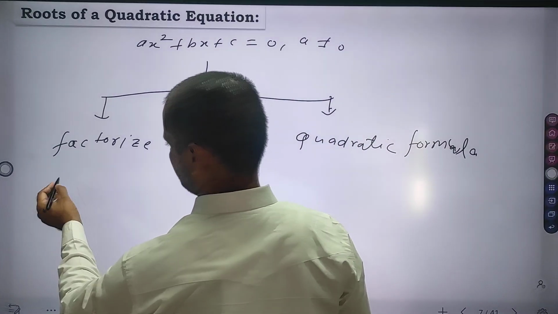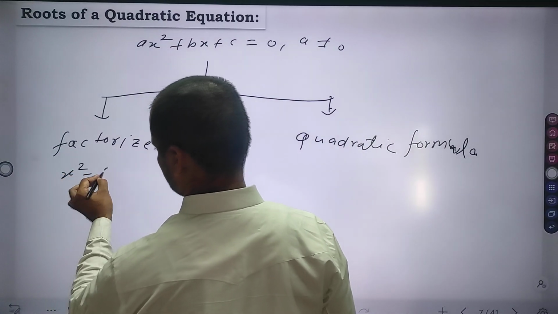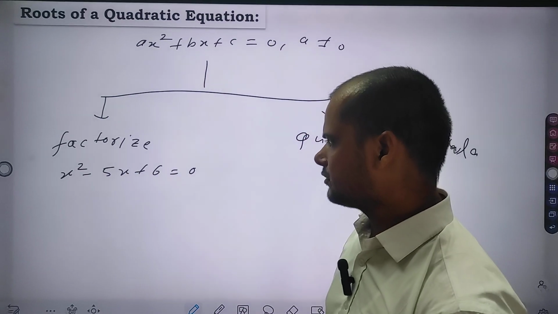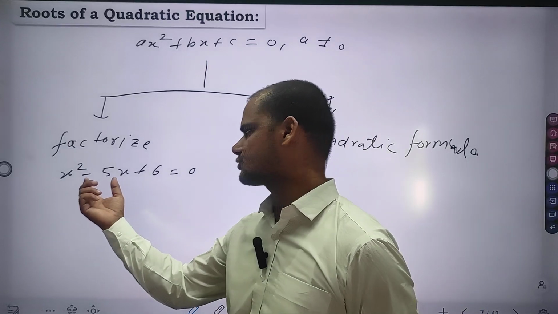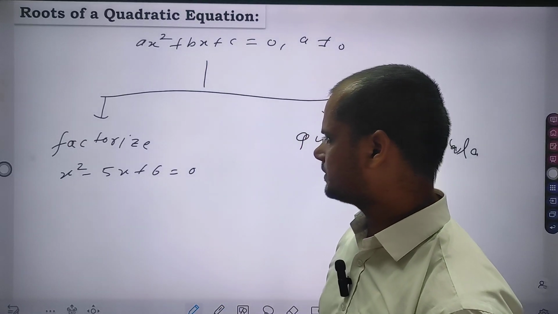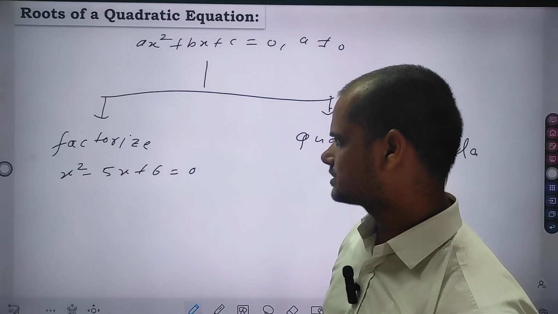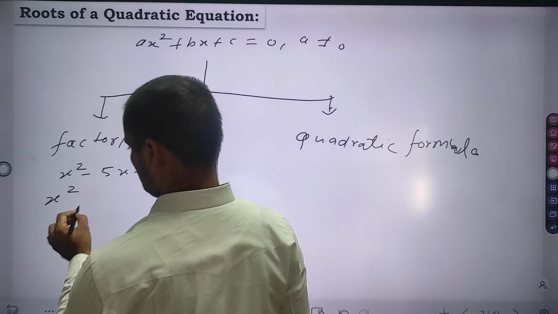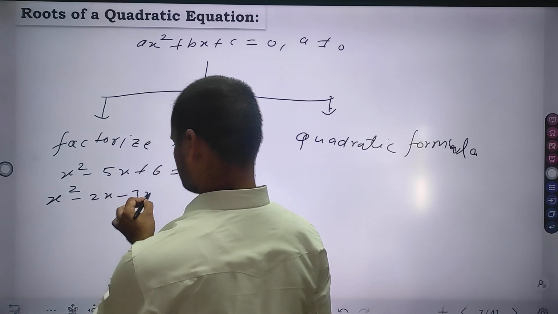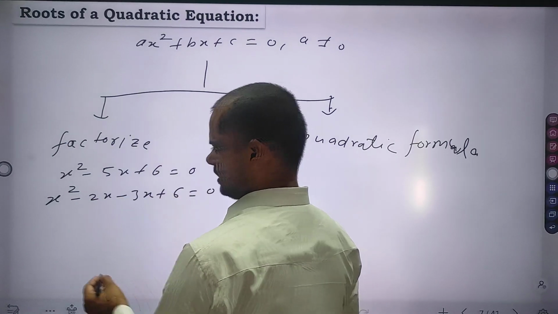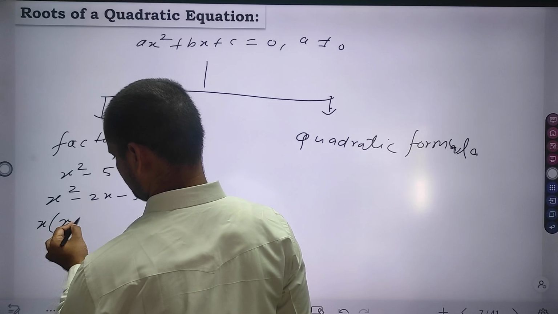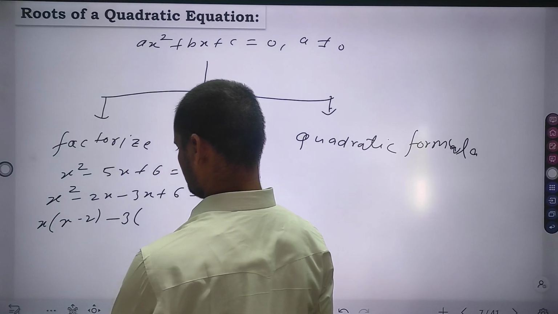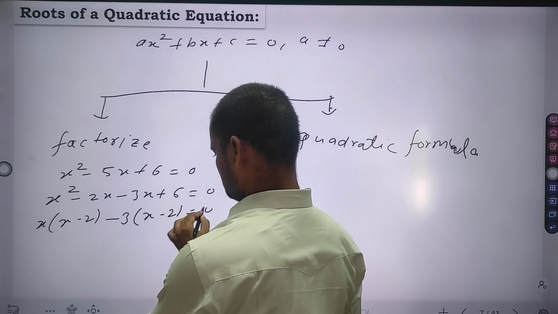Now let's see an example. x square minus 5x plus 6 equal to 0. Now we will find two values. If we add, the sum should be minus 5, and if we multiply, the product should be 6. So we have minus 2 and minus 3, and this will become x square minus 2x minus 3x plus 6 equal to 0. x will be common, so this becomes x into x minus 2, and minus 3 will be common, then x minus 2, equal to 0.